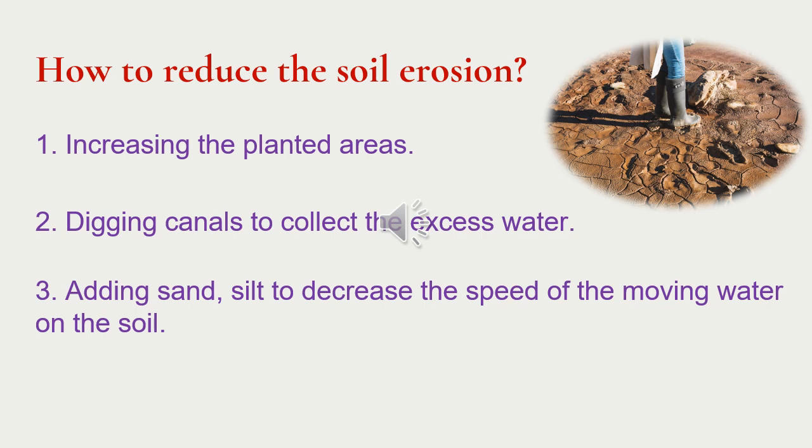As we said before, if the water is collected on the soil, it can move the soil from one place to another. So if we dig canals to collect the excess water, this can help to reduce soil erosion. Also, we can reduce soil erosion by adding sand to decrease the speed of the moving water on the soil.